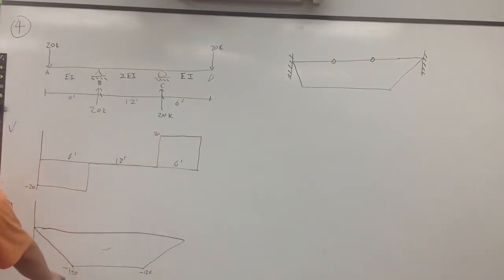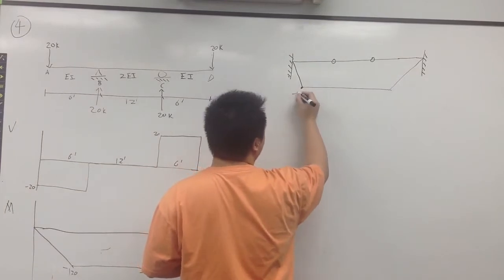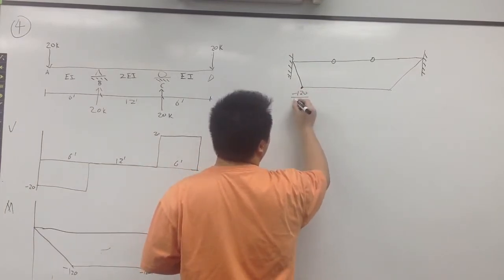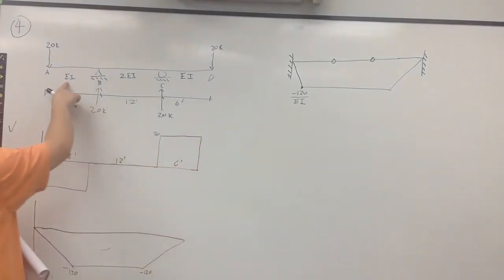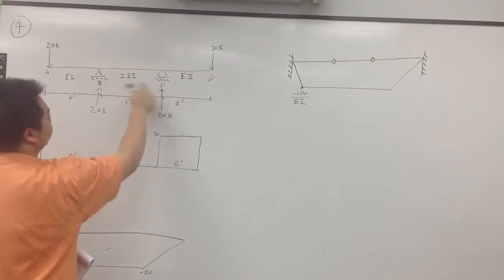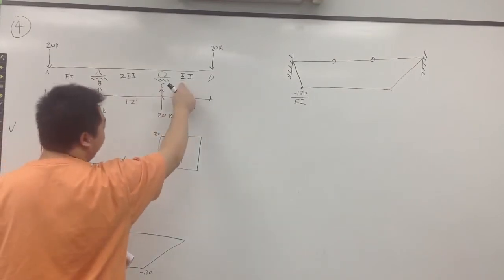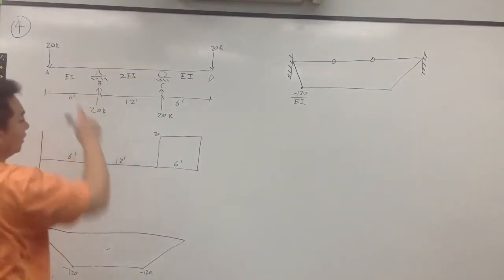So that's what we have. And look at the moment diagram. At this point, we have negative 120. So at this point, you're going to have negative 120 over EI, because the question gives you this part is 1 EI, this part is 2 EI, and this part is 1 EI. So this, just the first part, is 1 EI.